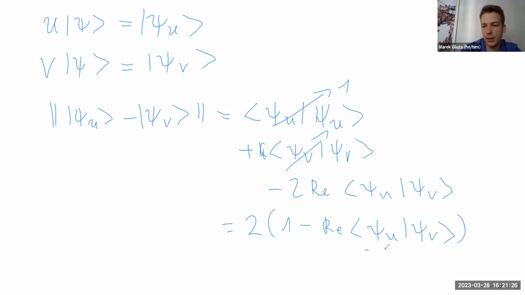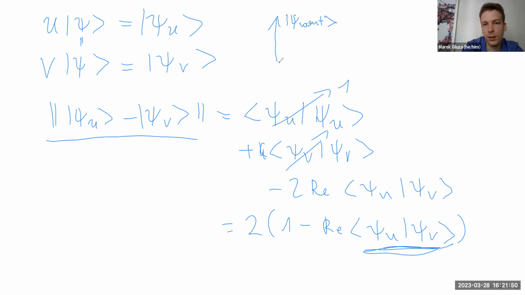So I can use the scalar product, the overlap of two wave functions, to evaluate how two different unitaries acting on the same state differ. Okay, which means that, for example, I could have a theoretical protocol, the state psi I want, and this I can get by applying a unitary u to a state psi start.